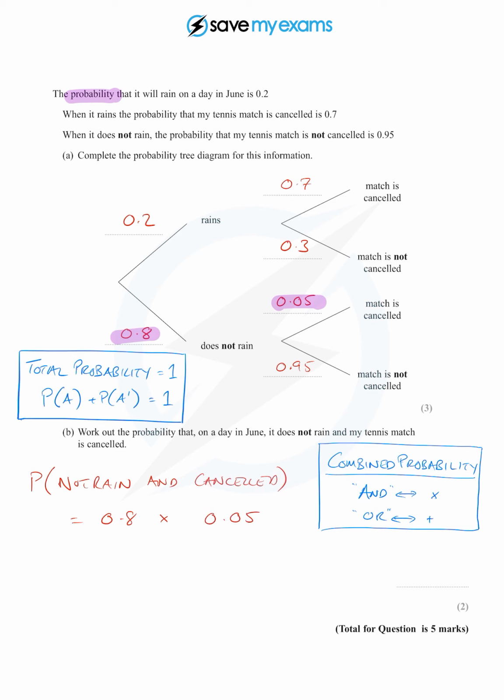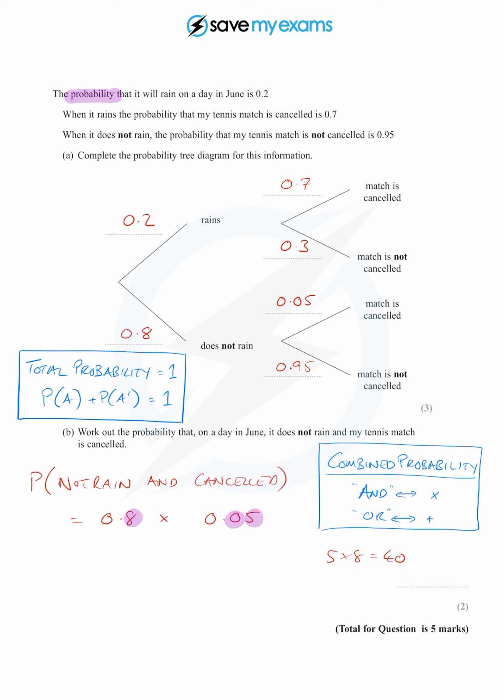0.05. Now I've got to do 0.8 times 0.05 without a calculator. Is that fair? Well, yes it is really, because it's just 5 times 8, is it not? 5 times 8 is 40, but I need how many decimal points here? Well, 1, 2, 3.